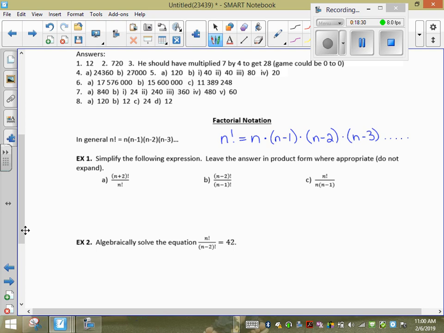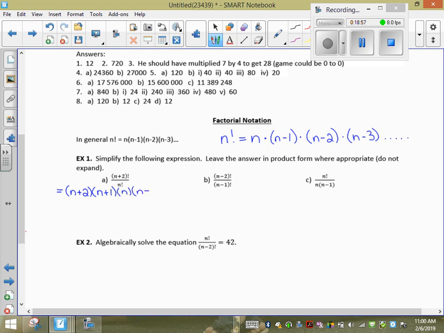So n plus 2, 1 less than n plus 2 is what? What's 1 less than n plus 2? N plus 1. So if I went to expand this top out, I get n plus 2, 1 less, n plus 1. What's 1 less than n plus 1? N. What's 1 less than that?